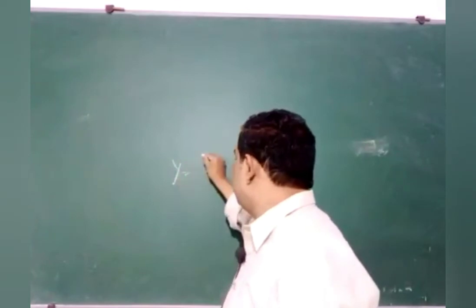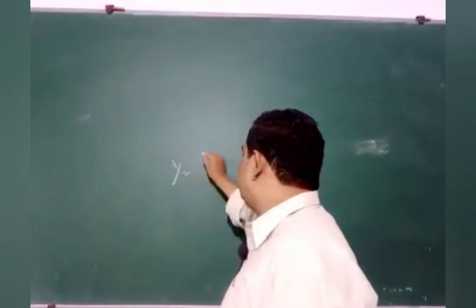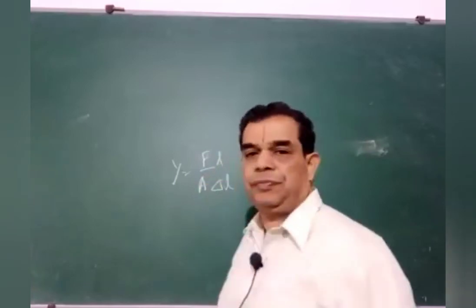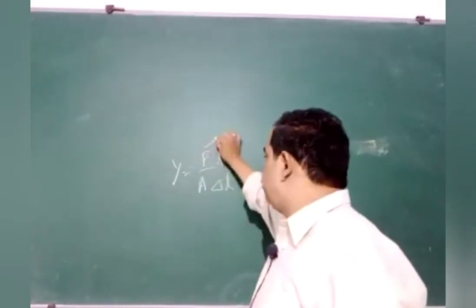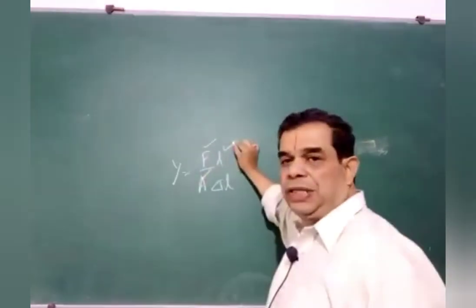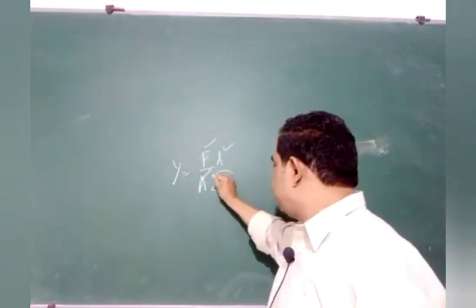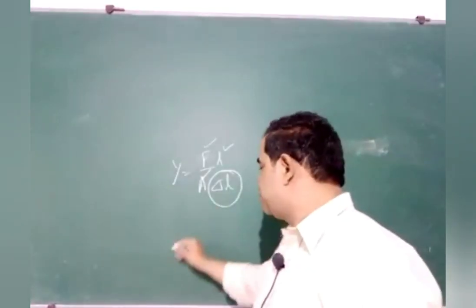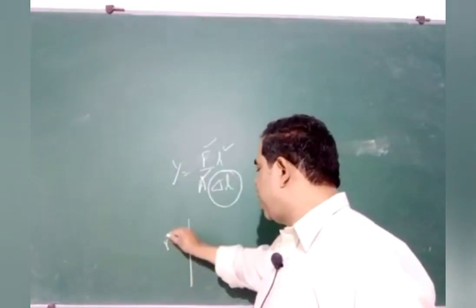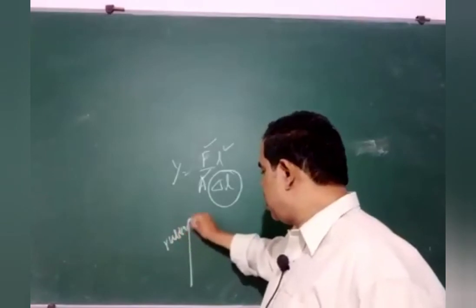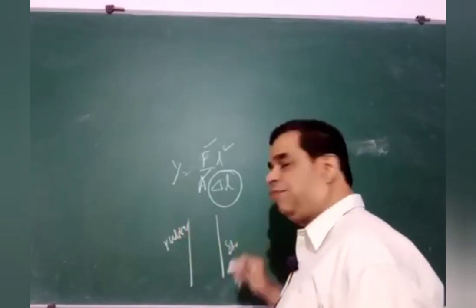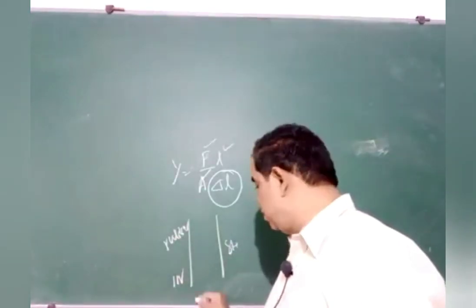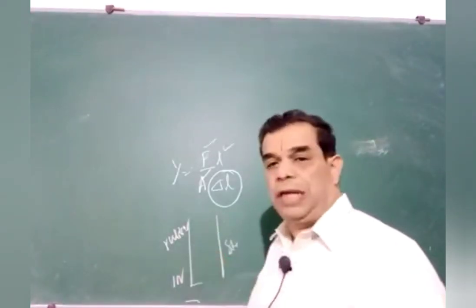Y equals what we have written, F L by A delta L. For the given force, for the given area, for the given length, for which substance delta L is the least, that is more elastic. Observe, you take a rubber band and you take a steel wire. If you apply 1 Newton force to them, the rubber elongates very much larger.